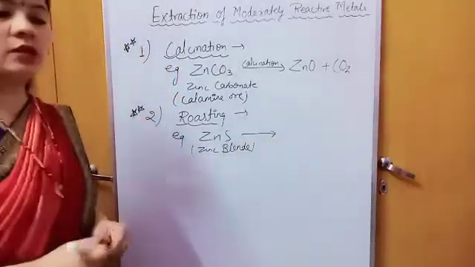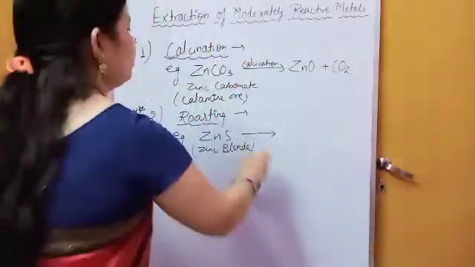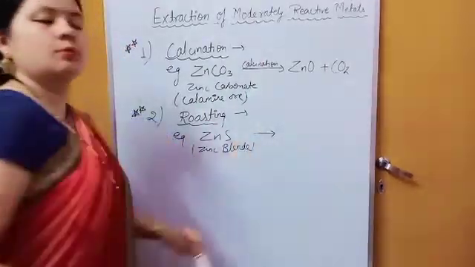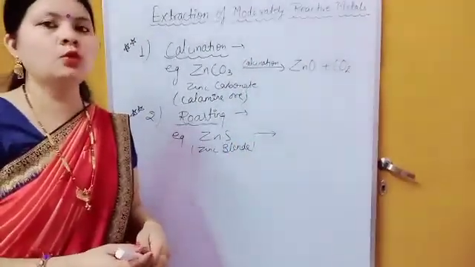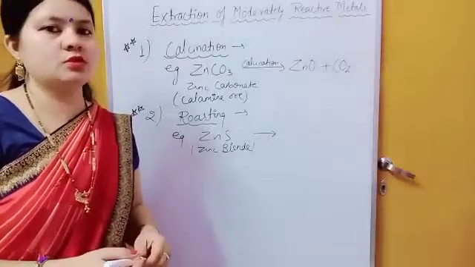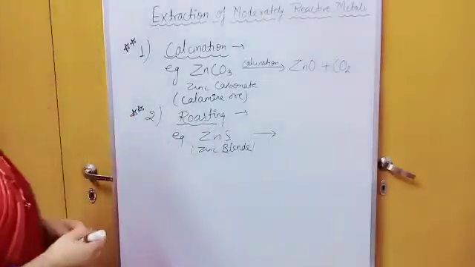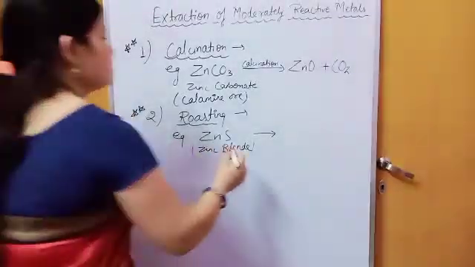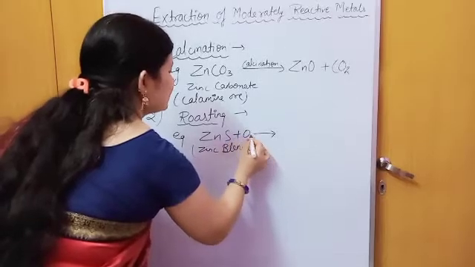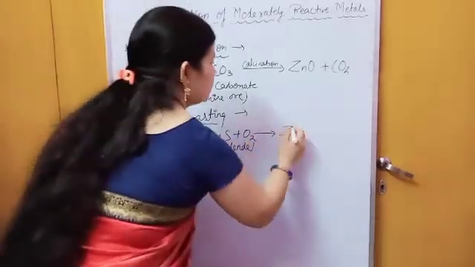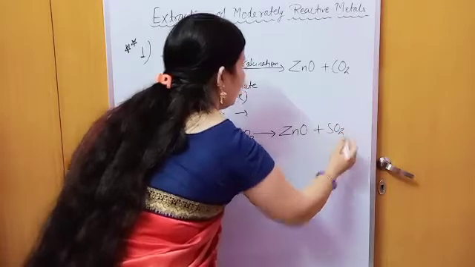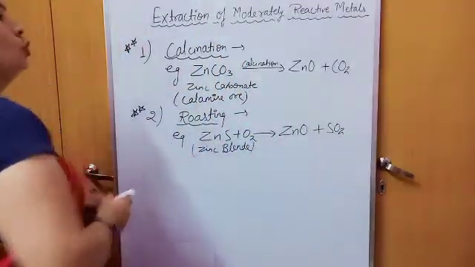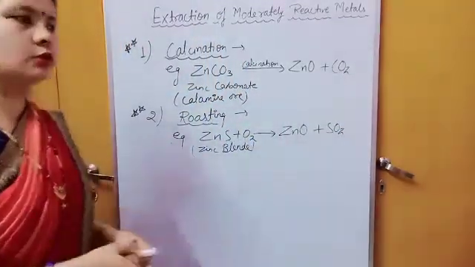Roasting is the process in which sulfide ore is converted into oxide ore in the presence of oxygen. ZnS in the presence of oxygen is converted into ZnO and SO2. You have to balance the equation also.